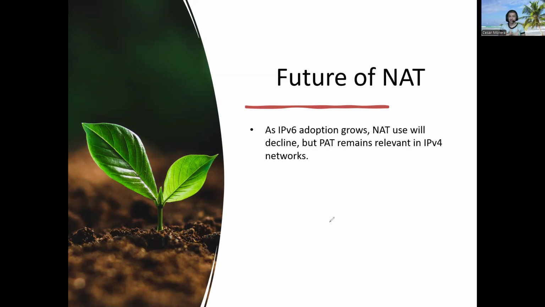So when it comes to IPv6, NAT is necessary only for emergencies or for translation. It's not required so much. But when we talk about IPv4, we still need NAT and PAT, mainly for address translation in many of the intranets or internal networks of different companies around the world.